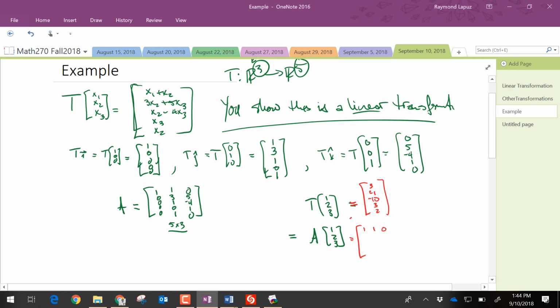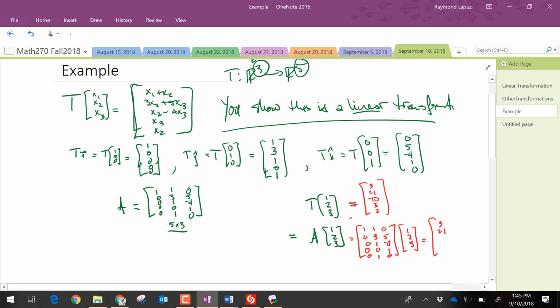1, 1, 0, 0, 3, 5, 0, 1, negative 4, 0, 0, 1, 0, 1, 0. And apply that to 1, 2, 3. We're going to get 1 plus 2 plus 0. We're going to get 0 plus 6 plus 15.